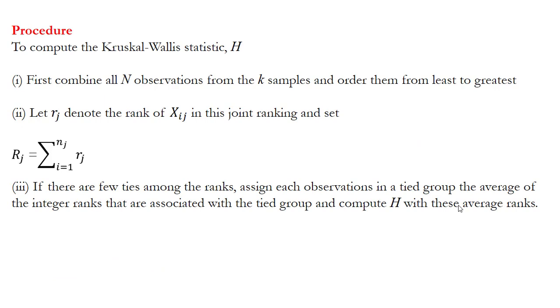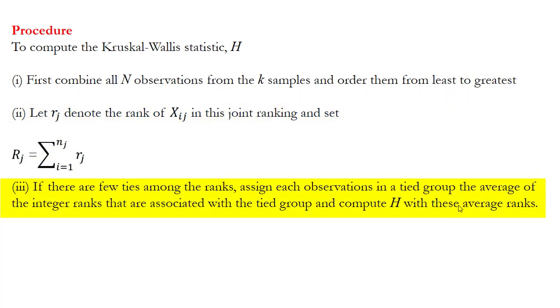So the procedure in calculating a Kruskal Wallis statistic H is as follows. We'll need to combine all the n observations from the k samples, and order them from least to greatest. For the next step, we'll let Rij denote the rank of Xij in this joint ranking, and large Rj is the sum of the ranks in each sample.